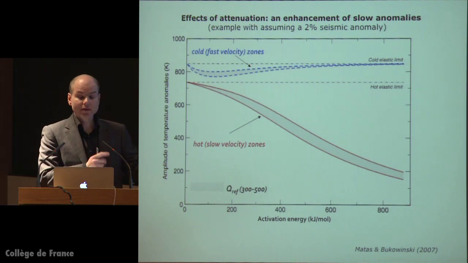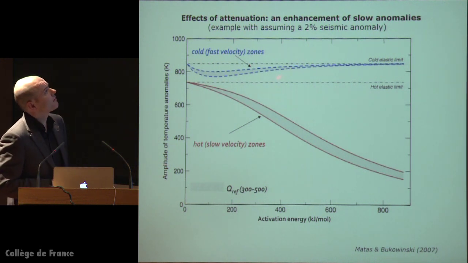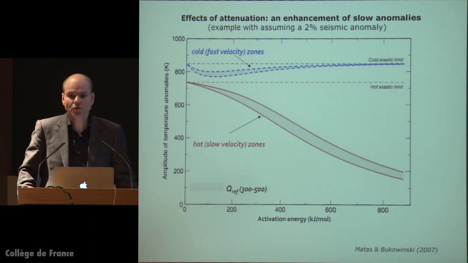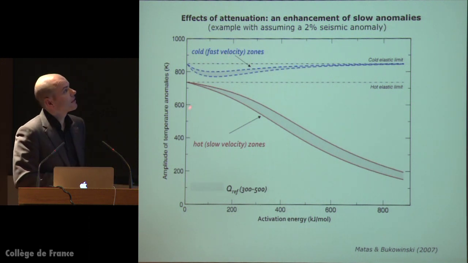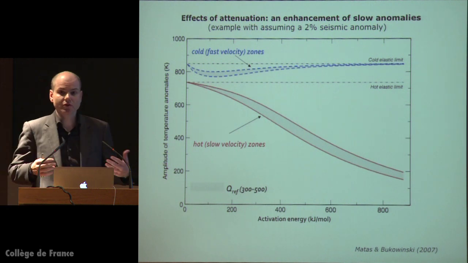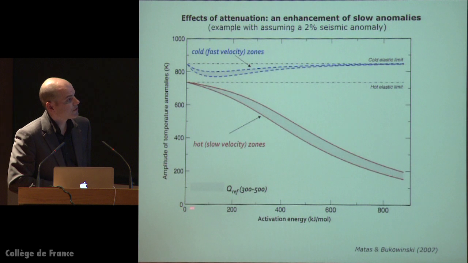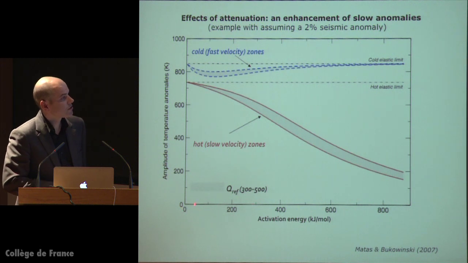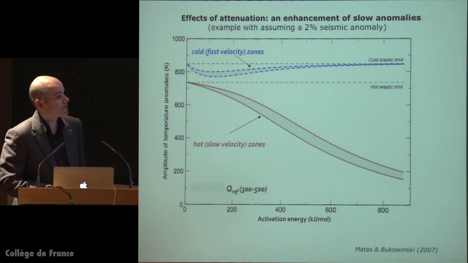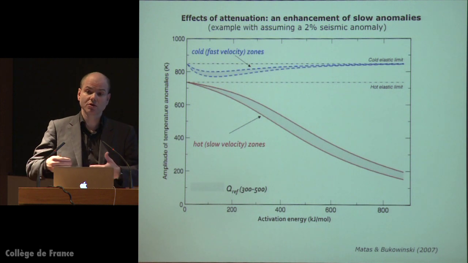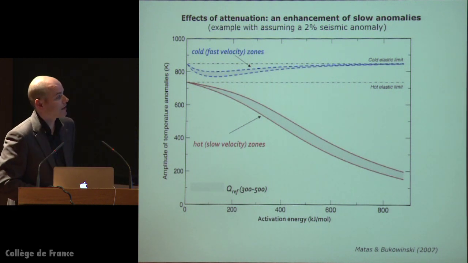But then when you add the anelasticity in there, what you can see is that in the case of the cold, fast velocity zone, the anelasticity does not do much. But it can do quite a lot in terms of the slow velocity zones. And here I plot the correction as a function of the activation energy that we don't know, which depends on the different dissipation mechanism.